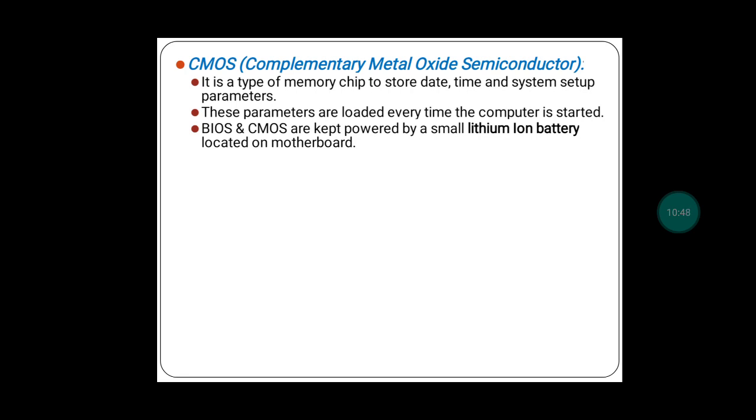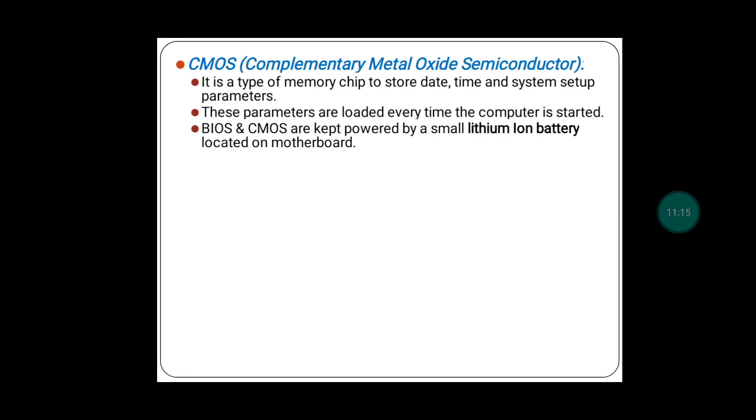If we switch off the computer system, everything is off, and the time will not show its real data. So these CMOS and BIOS chipsets are kept on using one battery, that is a lithium ion battery, which is located in some place of the motherboard.